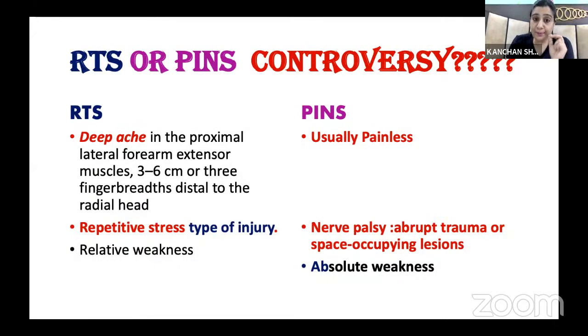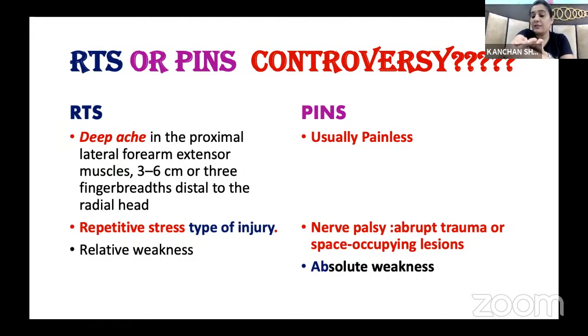Okay, and this pain is going to be 3 to 6 centimeters from your radial head. How you can palpate the radial head is, you should know where your lateral epicondyle is. If you keep on moving your finger down, there is a depression, and that is your radial head.